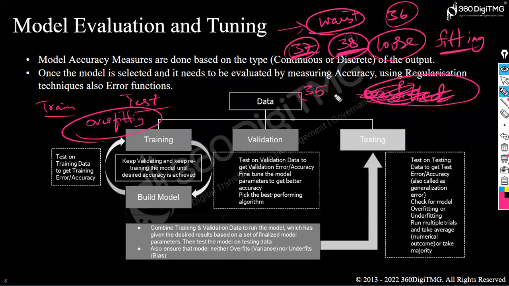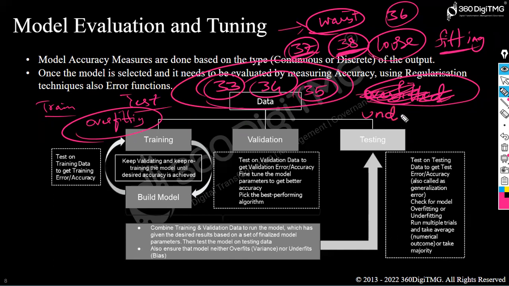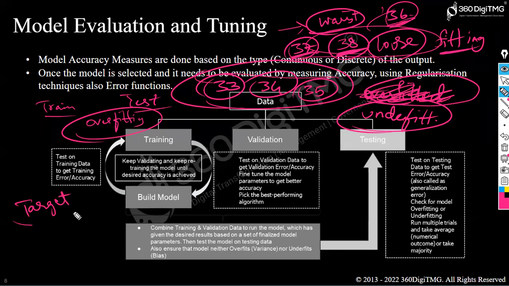Now, if I give 35, 34, 33, then it is underfit. Why? Because it is not fitting you, because your waist is 36. So even if it is decreased, it is not matching. Even if it is increased, it is not matching. So whatever the target value that you have, you need to match with the actual value.